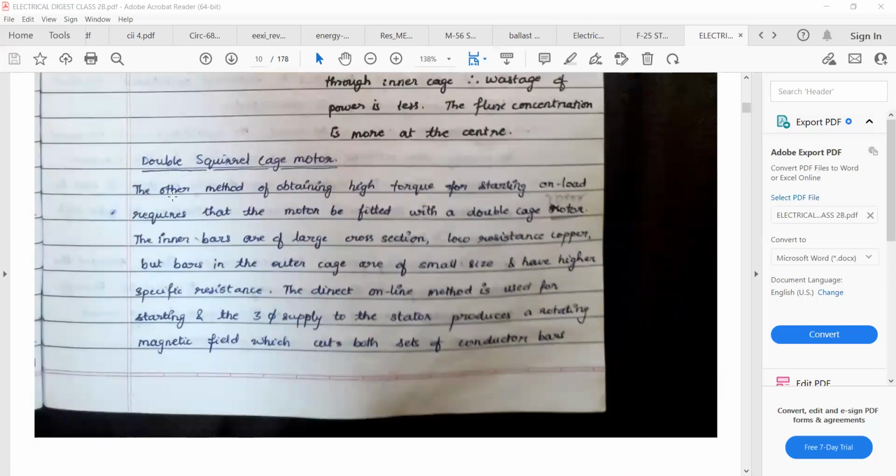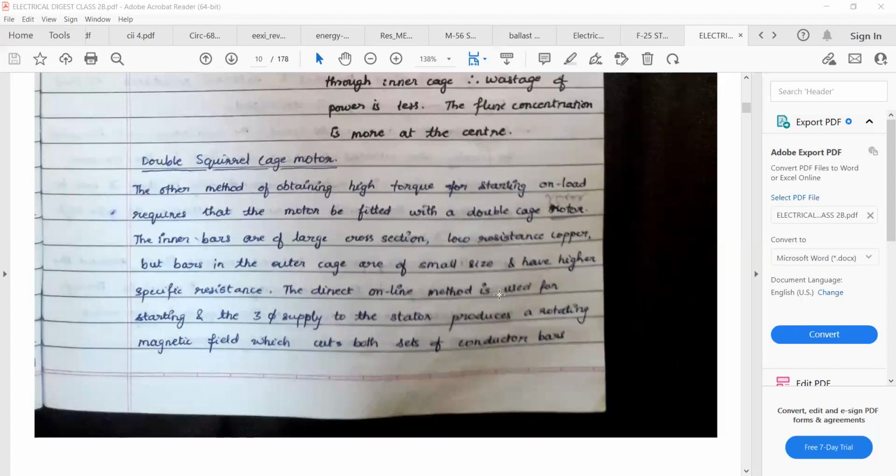The double squirrel cage motor, for obtaining high torque for starting on load, requires the motor to be fitted with the double cage rotor. The inner bars are of large cross section and low resistance copper, but bars in the outer cage are of small size and high specific resistance.